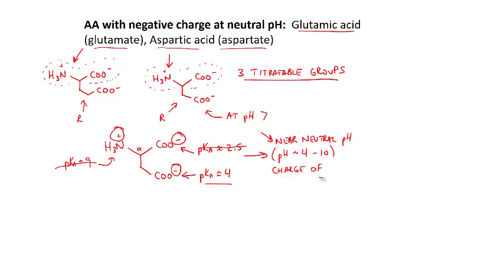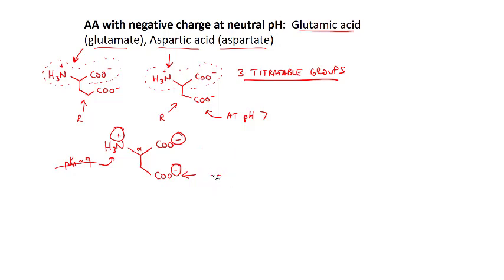And you should be able to figure out what would be the charge on any one of these at a given pH value, as long as you're given the structure of the amino acid at a different pH value and all of its pKa values.